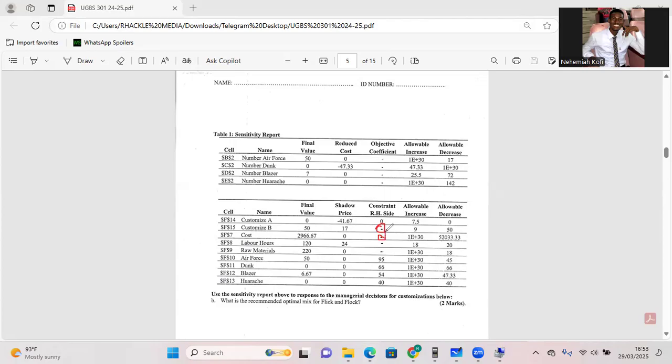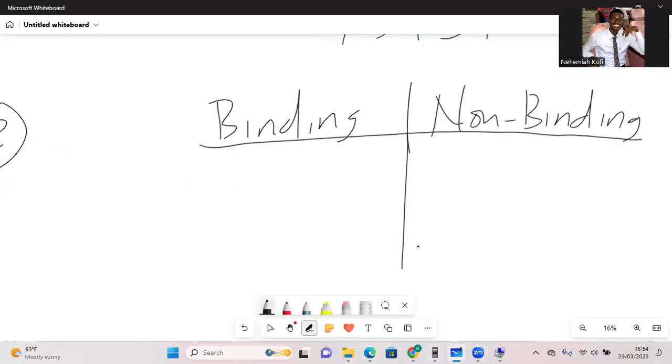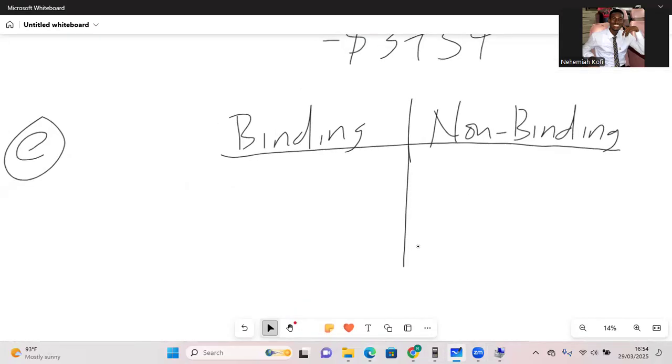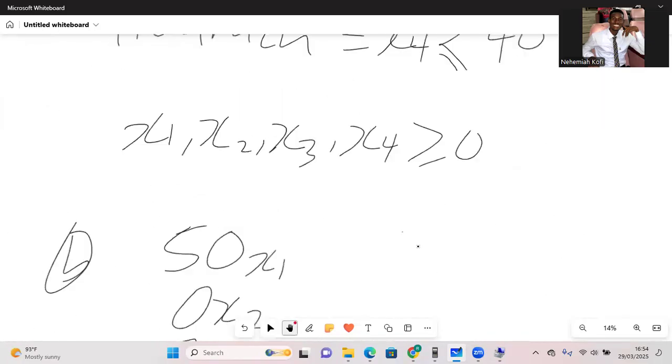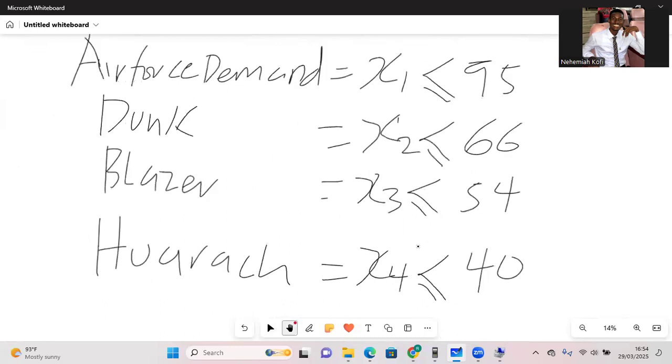Like all of this. That's why I'm saying that as you are watching the video, you are writing whatever we are doing down, right? So you see that these right-hand side constraints are what we are actually having in our formulations here, right?